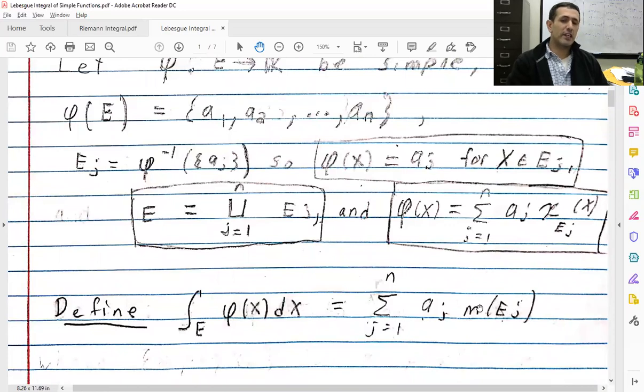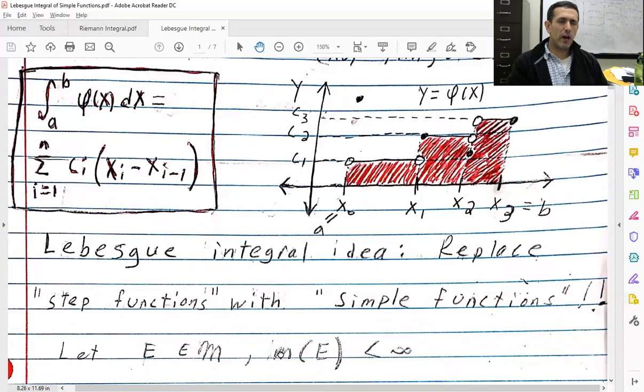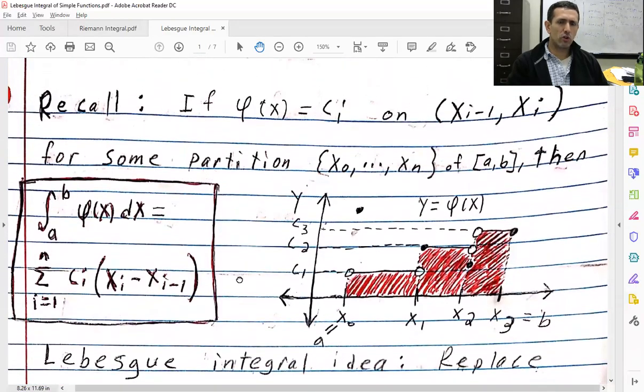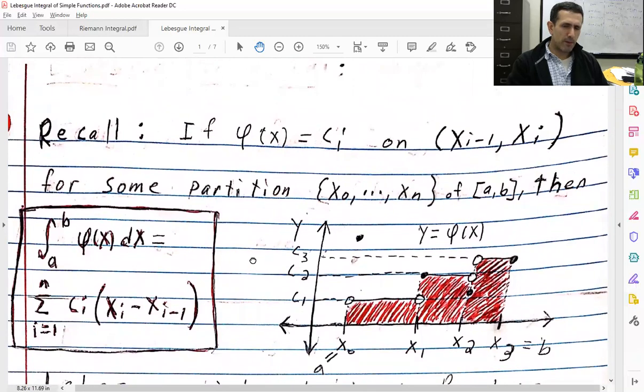If any of the E_j is a singleton. Okay? So that basically essentially proves that this definition here coincides with the integral of a step function. And by that I mean, or I'm implicitly reminding you, that step functions are simple functions.